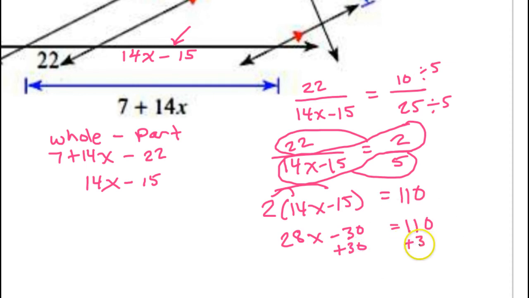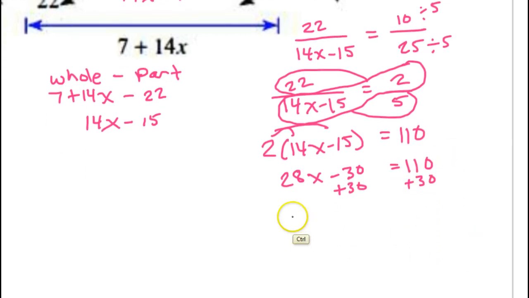Add 30 to both sides. So I've got 28x is equal to 140. Then you just divide both sides by 28.